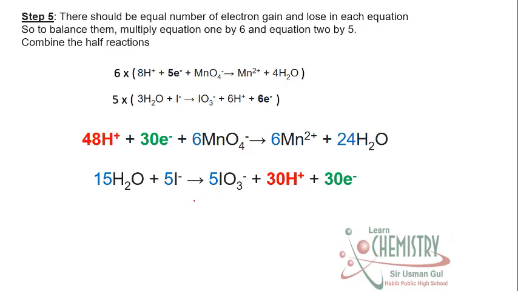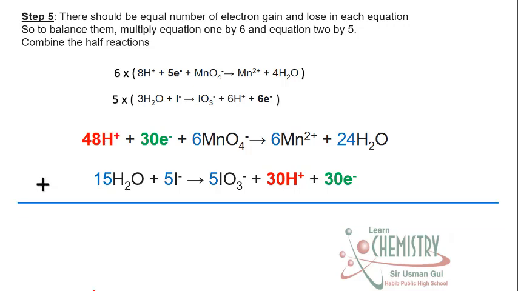Now we can do the last step of balancing, that is we will add both of the reactions to get our overall reaction. When we add both of the half reactions, the electrons on both half reactions will cancel, and the excess H+ ions as well as water molecules will also be subtracted.